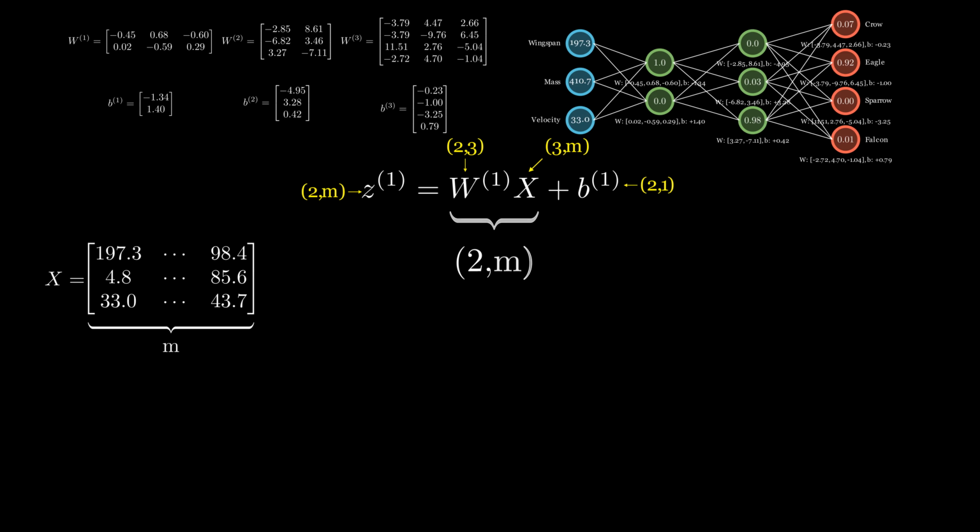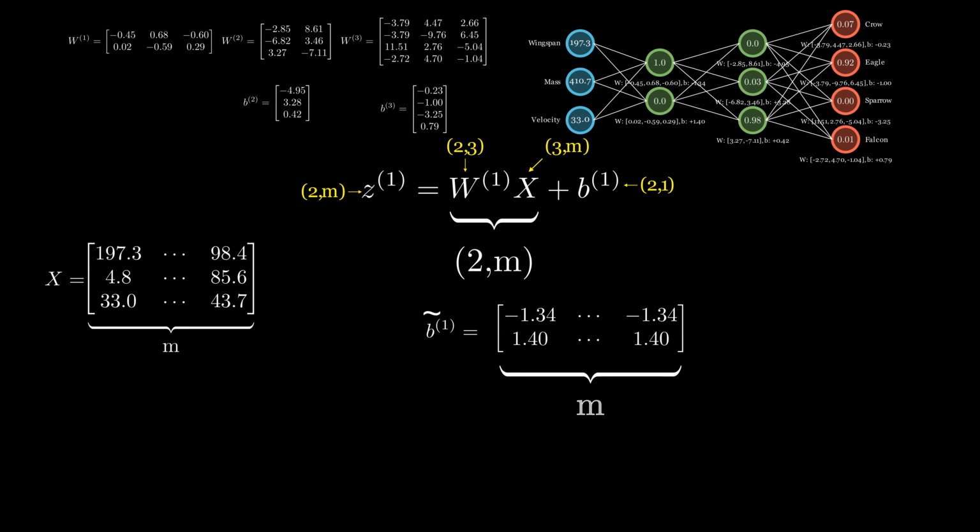So how do we go about solving this problem? Well, we simply stack the bias m times. That way, we have a new 3 by m matrix B1 tilde. But we didn't add any new parameters, we just reused the ones we already had. This technique is called broadcasting.